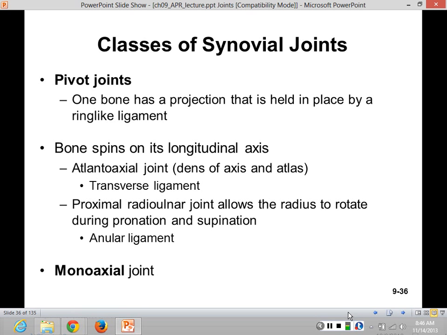Synovial joint movement. Okay. Somebody do supination for me. Okay. Pronation. Good. When you're doing supination and pronation, the ulna is on the little finger side, right? The radius is on the thumb side.